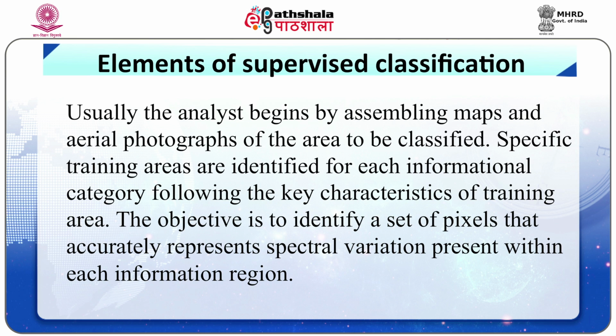Usually the analyst begins by assembling maps and aerial photographs of the area to be classified. Specific training areas are identified for each information category following the key characteristics of a training area. The objective is to identify a set of pixels that accurately represents the spectral variation present within each information region.